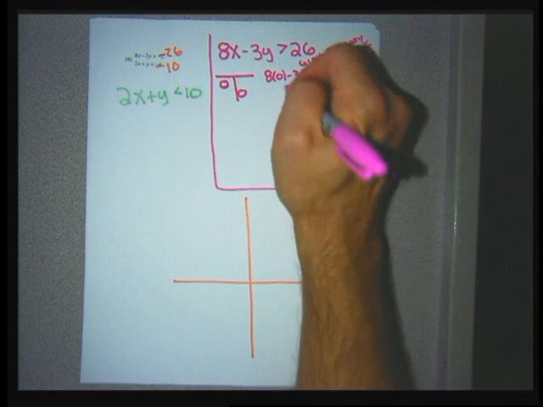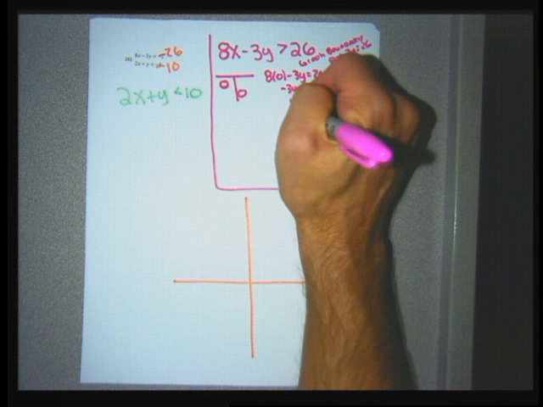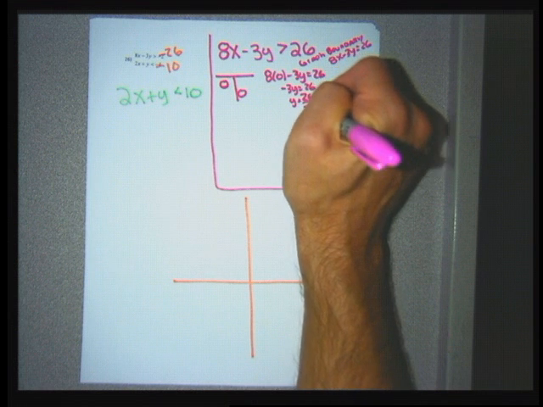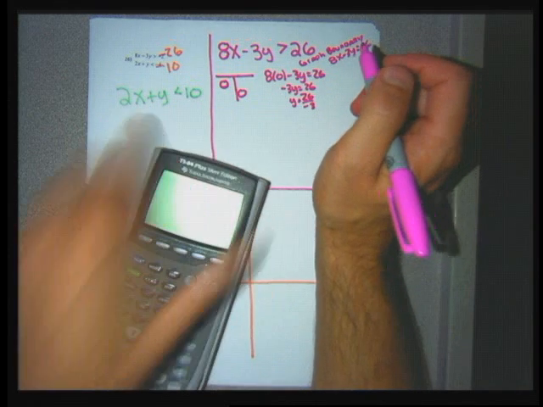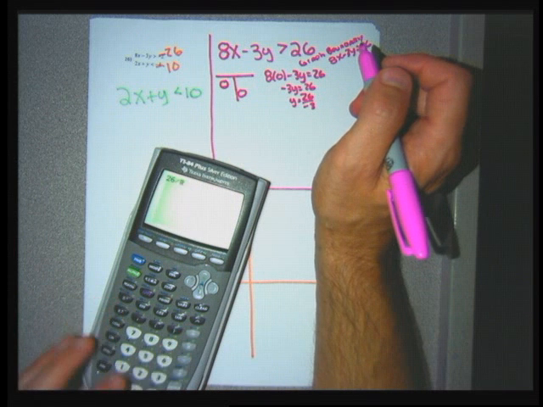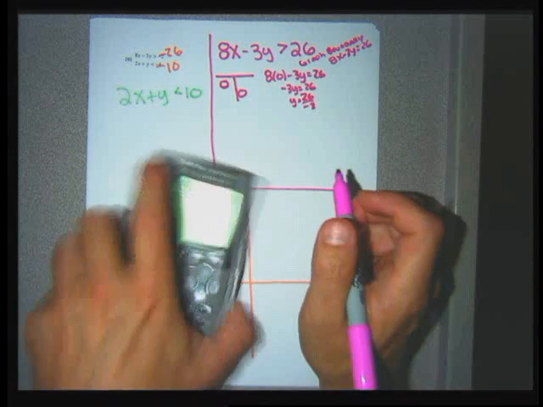And when I start off this, I get minus 3y equal to 26. y equals 26 over minus 3 if I divide both sides by minus 3. And I'm going to live with ugly decimals here. I'm going to round to 2 decimal places to guesstimate where I'm graphing. If I do 26 divided by negative 3, I see negative 8.66.